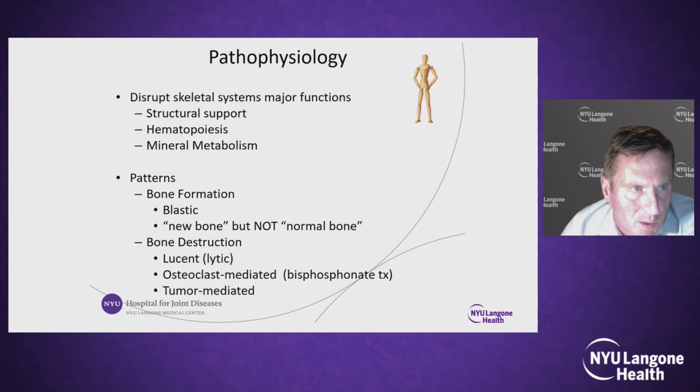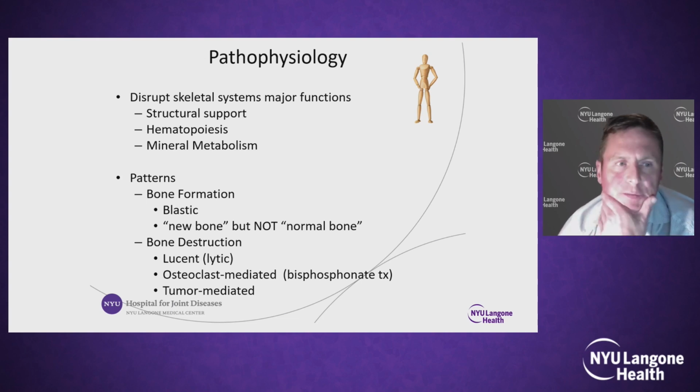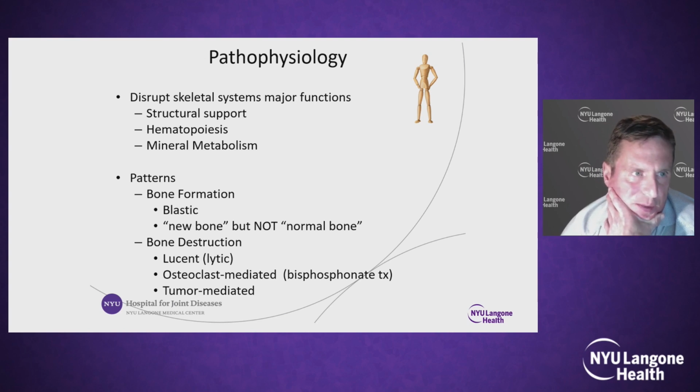Why is it important? Well, obviously, orthopedic surgeons are worried about the structural support, but believe it or not, some orthopedists actually think about what else it does to the patient. Like that last patient that has a significant amount of marrow involvement, metastatic disease can affect hematopoiesis and can lead to mineral metabolite abnormalities. The one that we worry most about, I'm going to talk about in a second, is hypercalcemia.